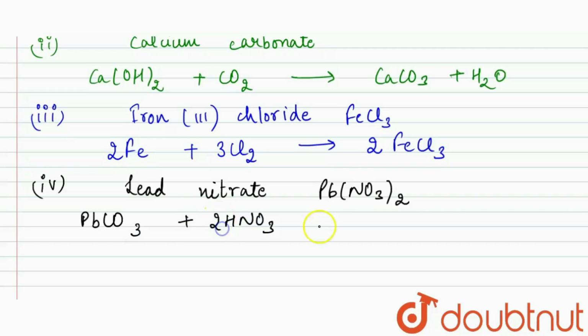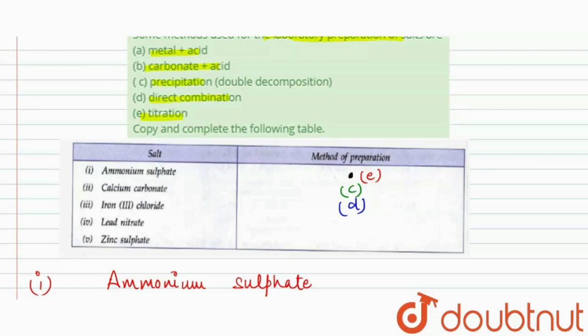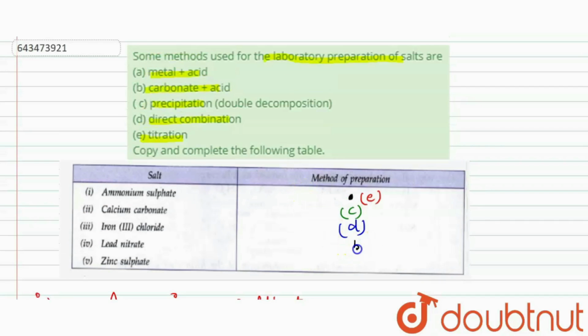So it will react and lead to the formation of lead nitrate, and we will have H2O plus CO2 also. Here we are using carbonate plus acid, so lead nitrate is formed from carbonate plus acid. So here we will write B.